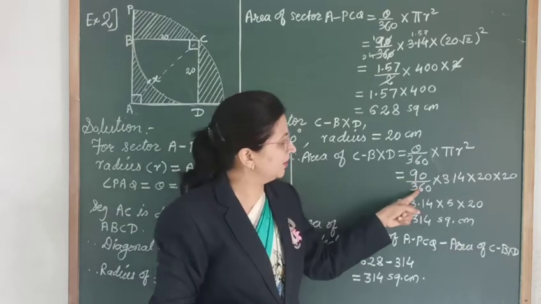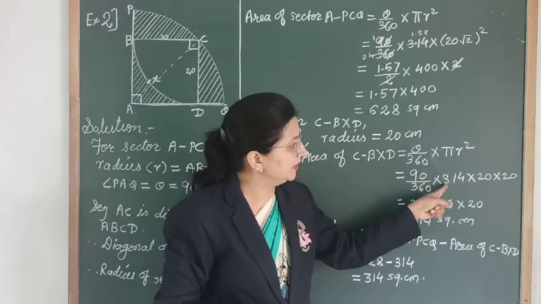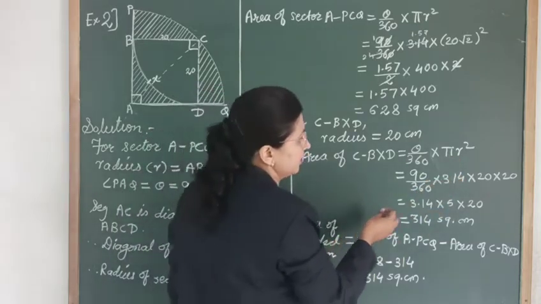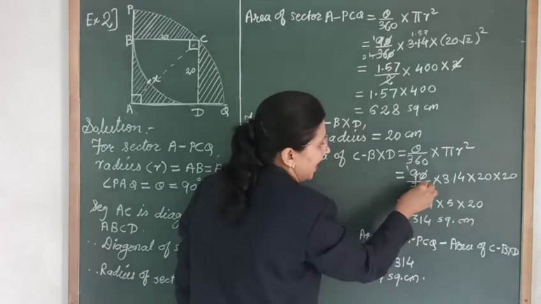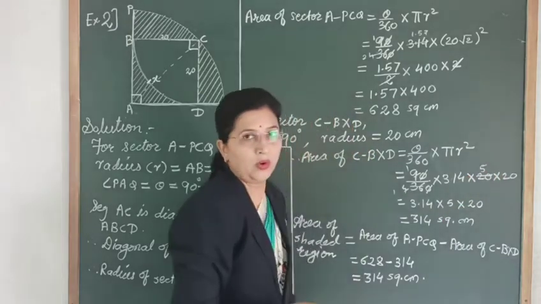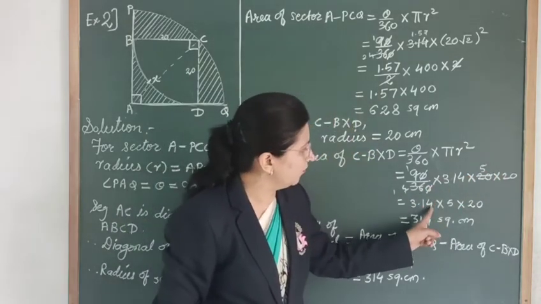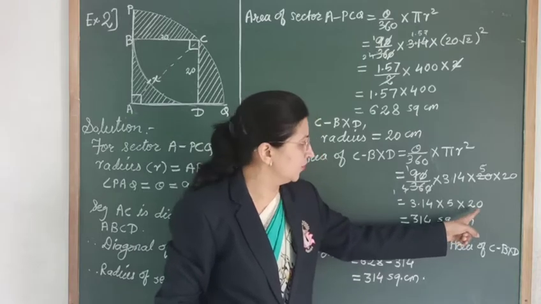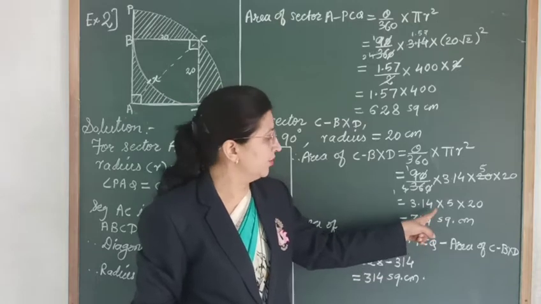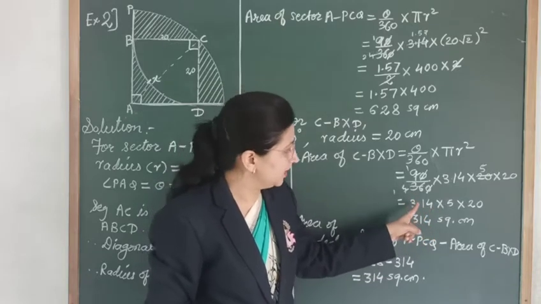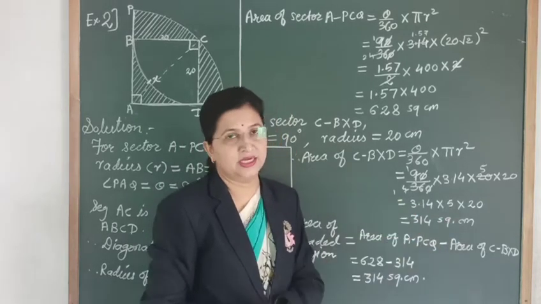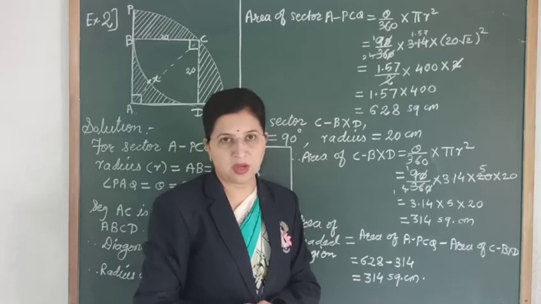Theta 90 upon 360 into pi 3.14, radius is given 20, so 20 into 20. Let's solve here also. This 0 gets cancelled. 9 1s are 9, 9 4s are 36, 4 1s are 4, 4 5s are 20. So we'll get 3.14 into 5 into 20. So 5 20s are 100. 100 into 3.14, the decimal point will get cancelled and we will get the answer 314 square centimeter. So in this way we got the area of the smaller sector.